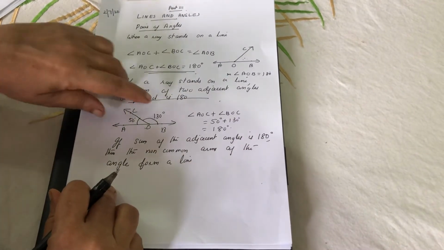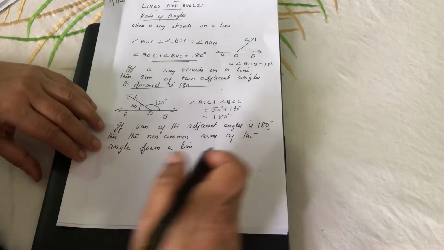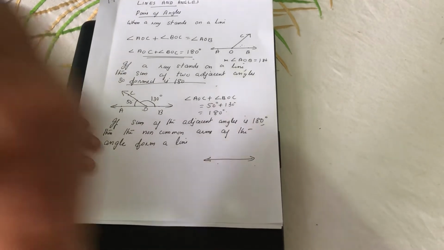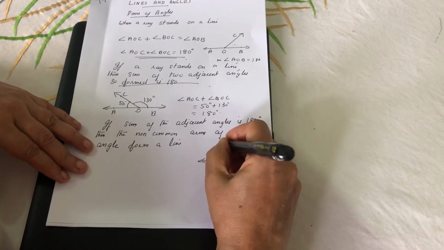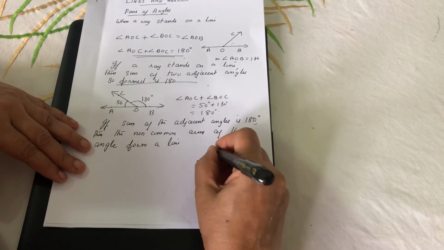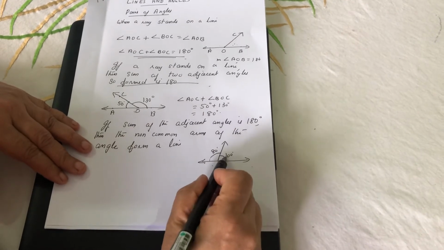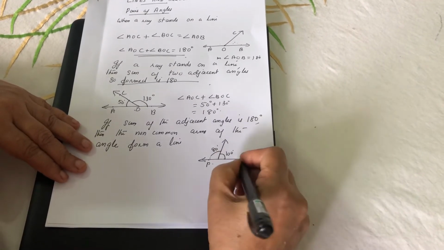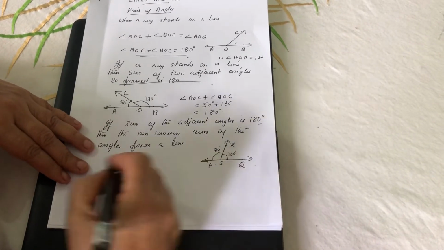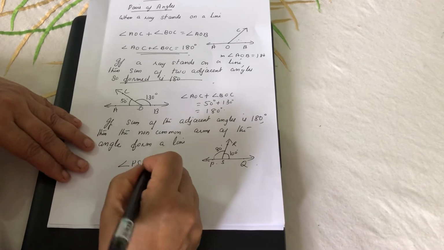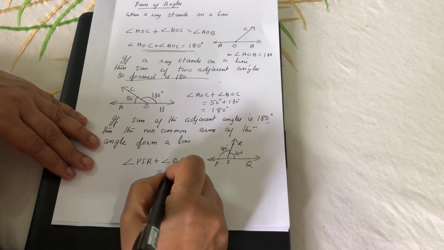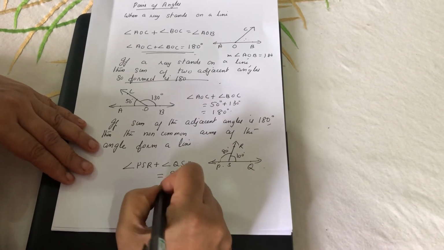Any angle, sum of any two adjacent angles is 180. So you take this is 100 degrees and this will be 80 degrees. If the sum of this is 180, so angle PSR plus angle QSR is 80 plus 100 is 180.